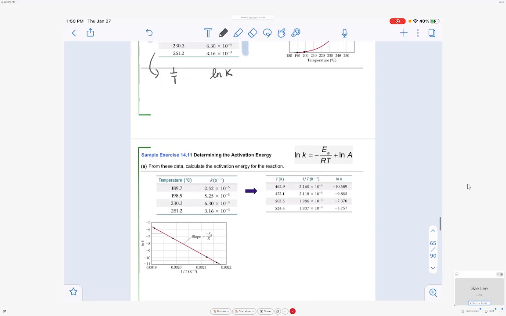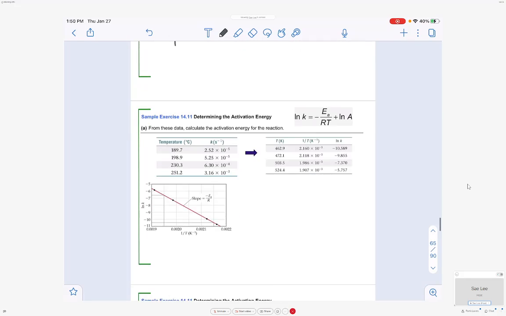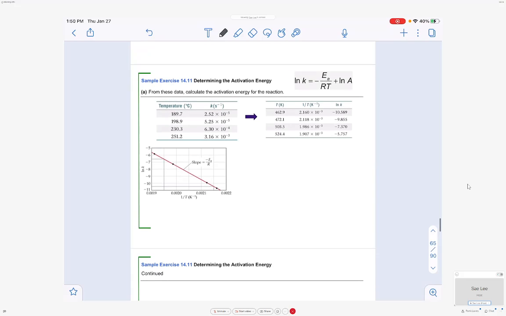When we do all those conversions, we arrive at this table. All the temperatures in Celsius are converted to Kelvin, and they're over here.